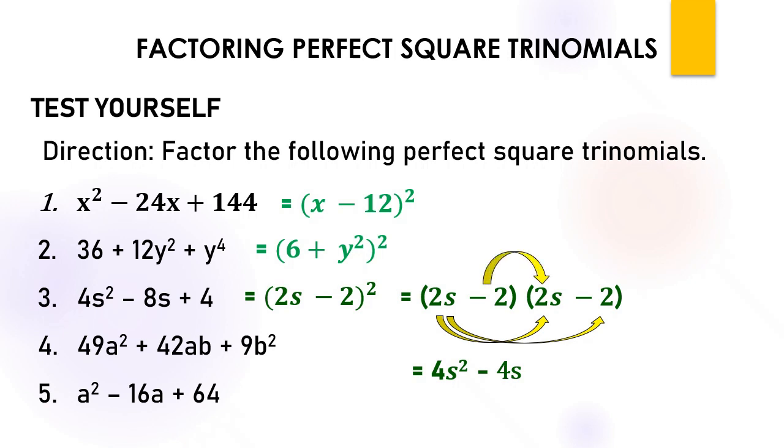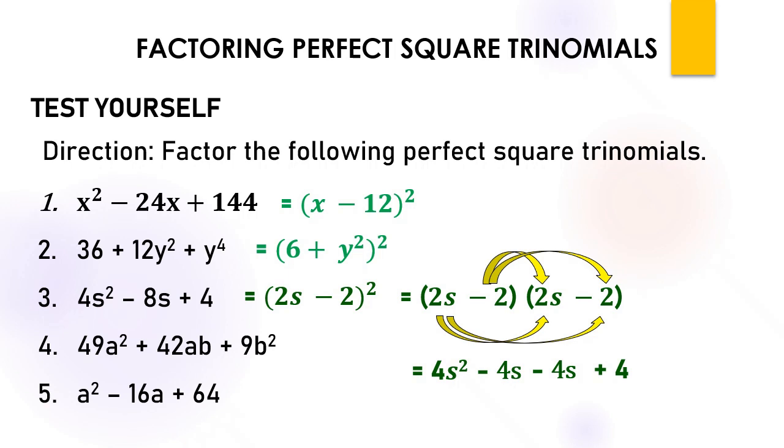Negative 2 times 2s will give us negative 4s. And then multiply the last terms, which are negative 2 and negative 2. That will be positive 4 because negative times negative is positive. Multiply 2 times 2 will give us 4.